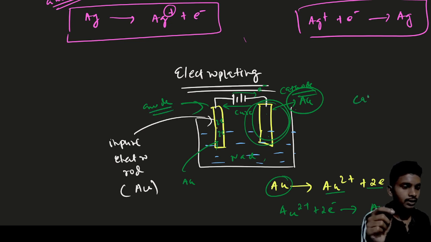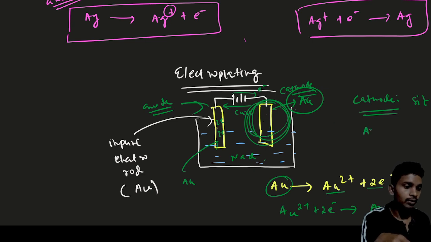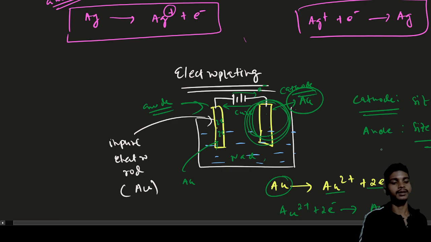So with time this cathode size increases, which means all this impure Au gets electroplated on this. All this gold is coming here and stored here, and the anode size decreases. Okay, so this is the application of electroplating.